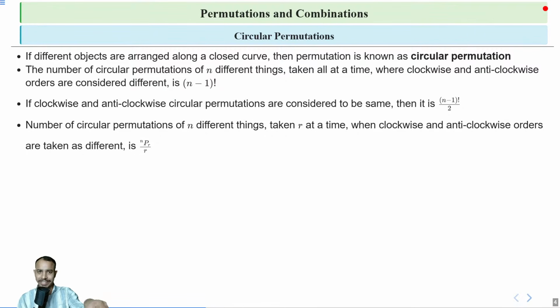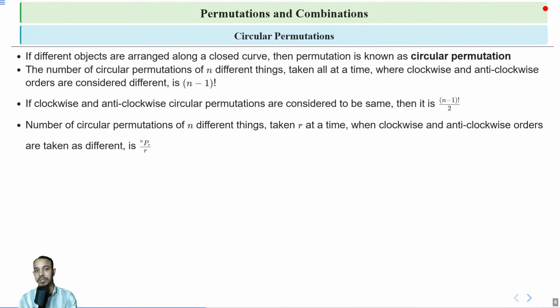First, we discuss the number of circular permutations of n different things taken r at a time when clockwise and anti-clockwise orders are taken as different. First of all, you select and arrange r items in a line in nPr ways, and then divide by r.